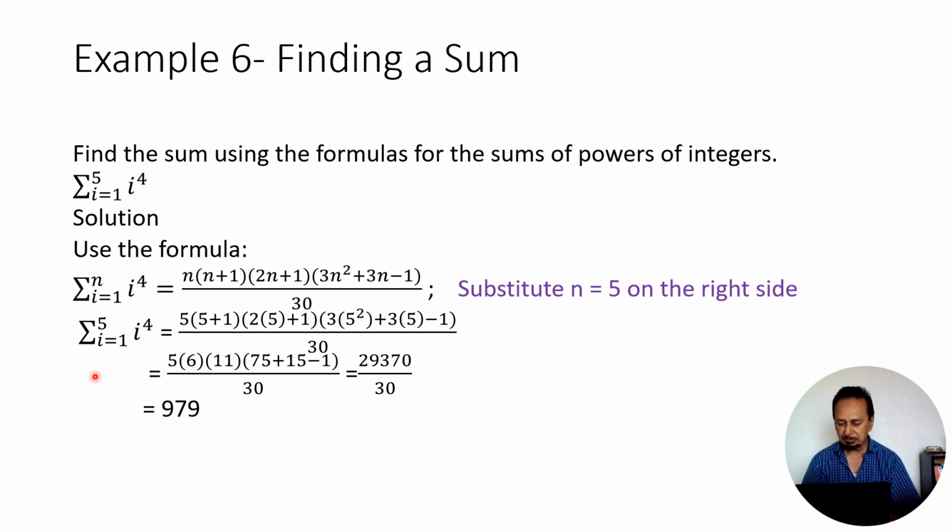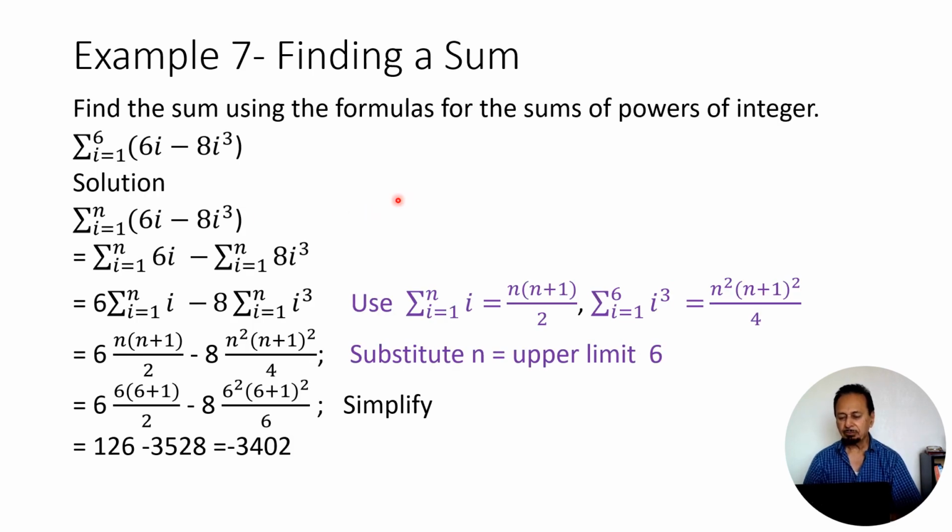So this becomes 5 times (5 plus 1) times (2 times 5 plus 1) times (3 times 5 squared plus 3 times 5 minus 1) over 30. So we simplify, and it becomes 5 times 6 times 11, times (75 plus 15 minus 1). So it simplifies to 29,370 divided by 30, so it will be 979.